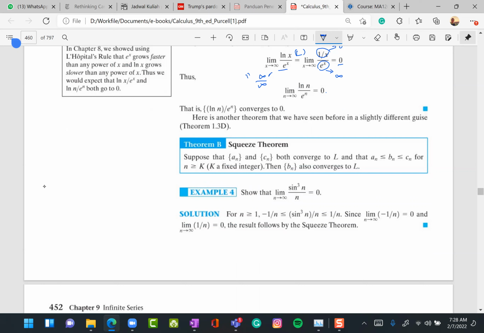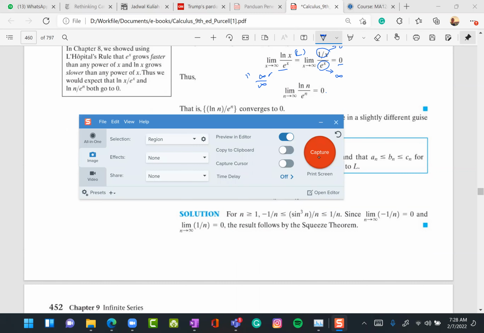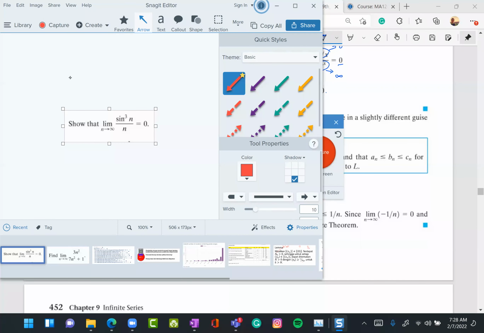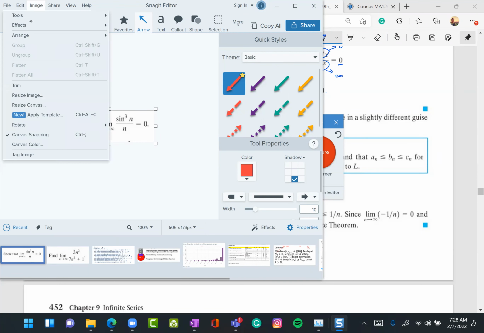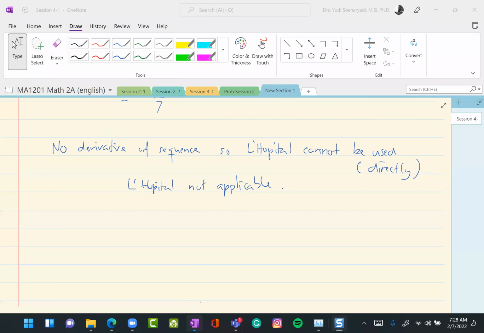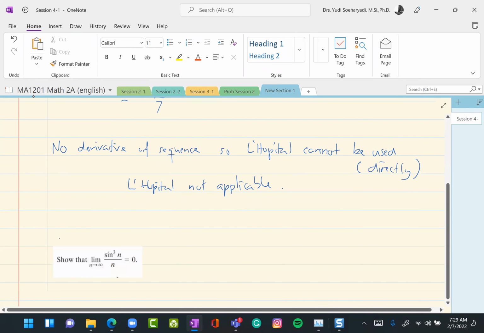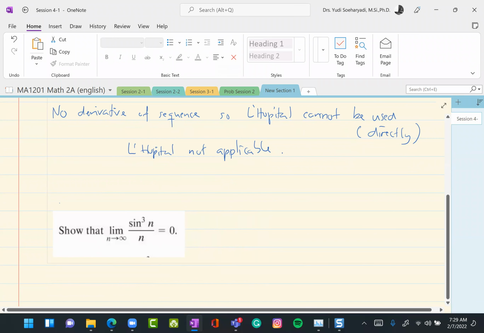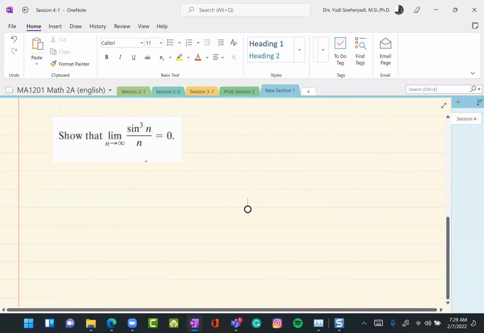Let's do this one. Now let's pretend this is just x, not n.